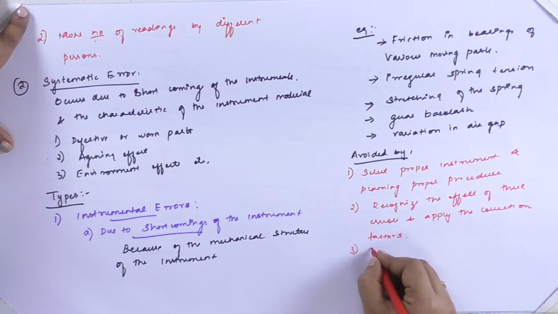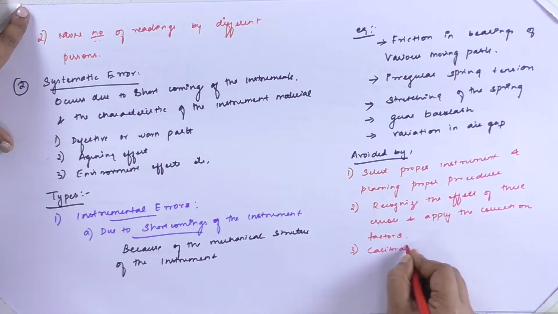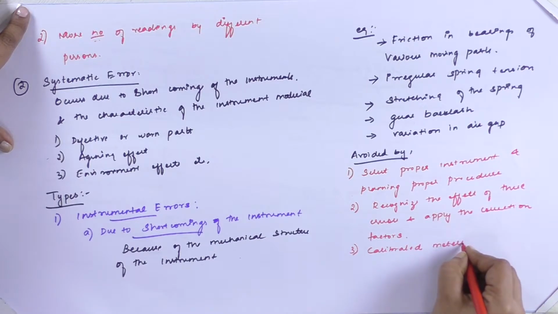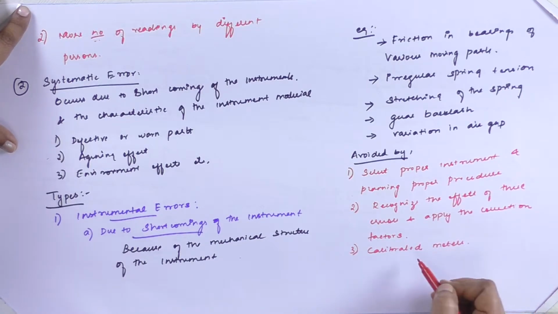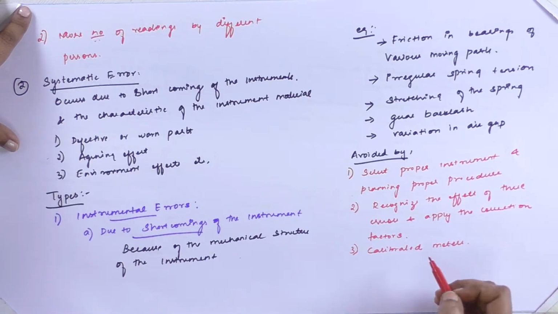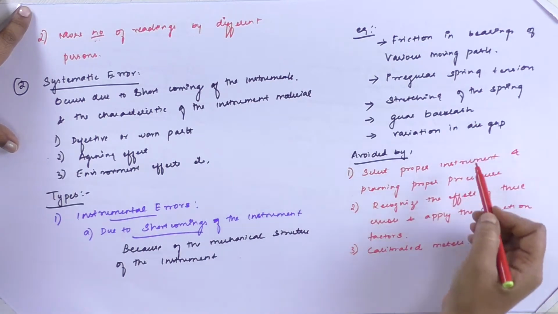Third one is we have to use a well calibrated meter for measurement. The meter must be calibrated against a standard meter. With that calibrated meter, these errors can be eliminated.